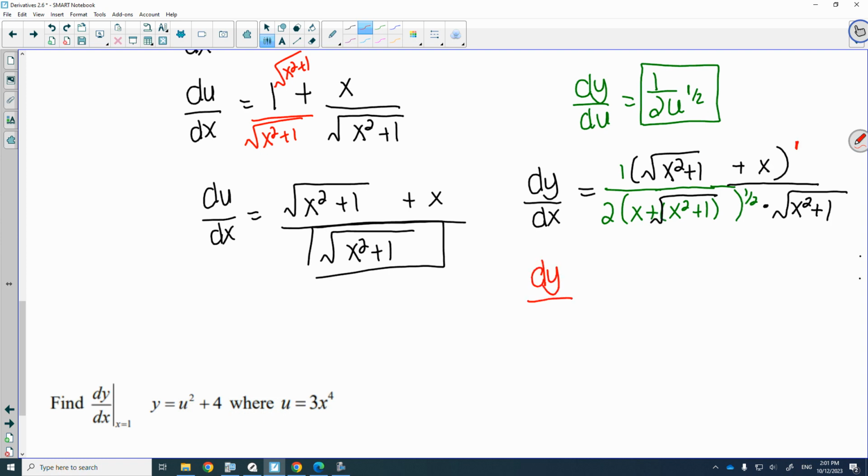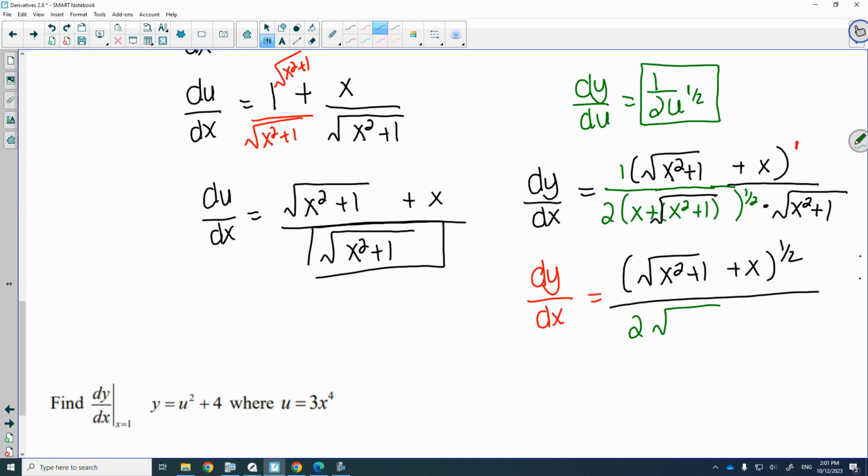So dy over dx is equal to square root of x squared plus 1 plus x to the 1/2 over, what my denominator would be. It would have a 2, and then this would be left there, x squared plus 1.